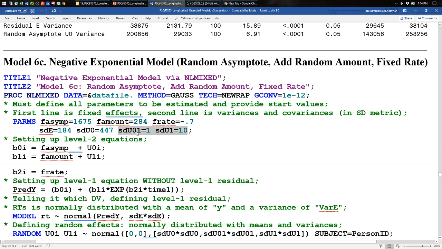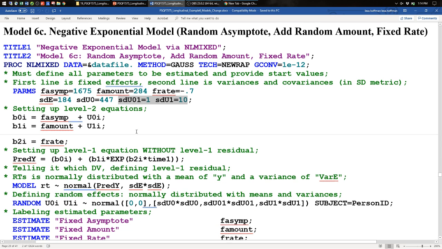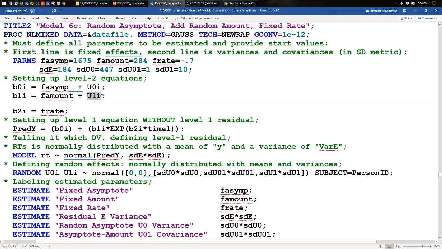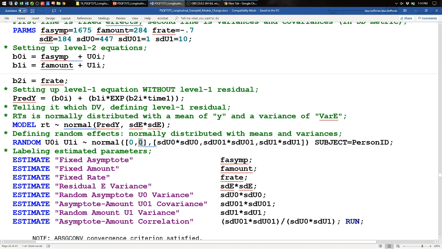Try and keep everything on the same scale of square root. I picked up U1 in my amount equation for beta 1, and I picked up a second mean on my random line, as well as filling out my G matrix to 2 by 2.